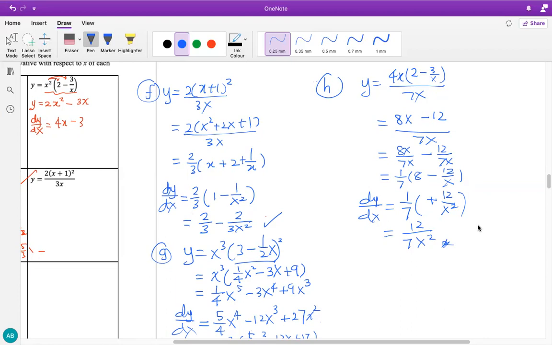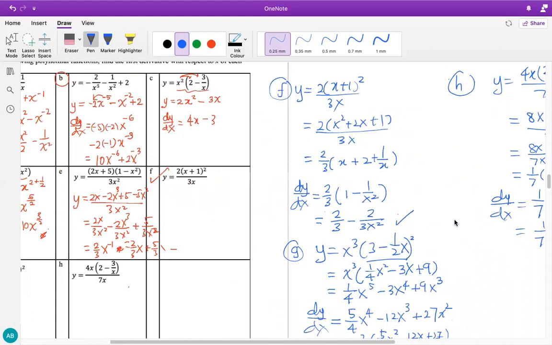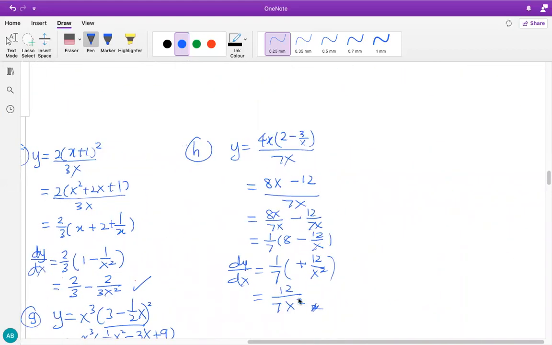All right. So let me see. Let's check again. So this is the answer. But I think the book question is, let me check. The book question should be y equals 4x squared times 2 minus 3 over x, over 7x. Then this one is different. So you multiply, you get 8x squared minus 12x.